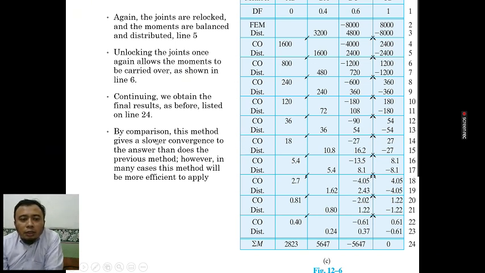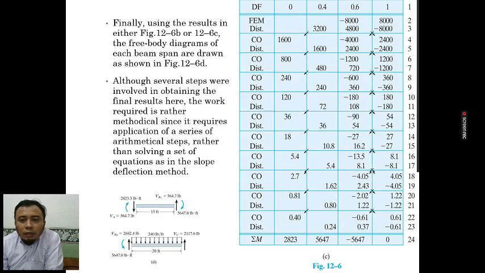So by comparison, this method gives a slower convergence to the answer compared to the previous method. However, it is easier to apply this method because you can do it concurrently. So finally, using the results here at line 24, you can draw the free body diagram. You can resolve for shear.